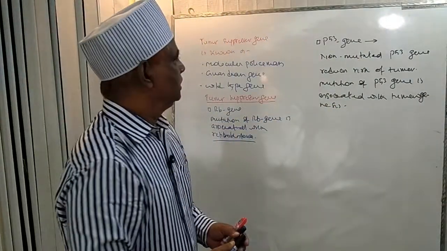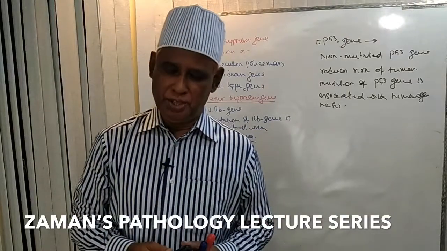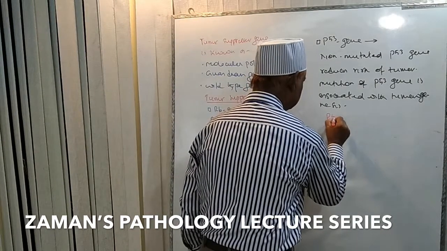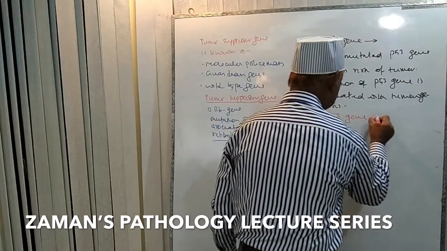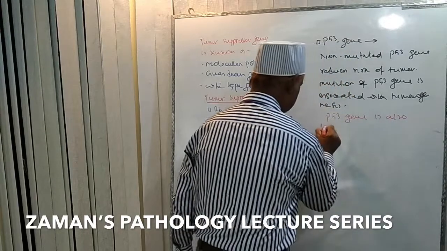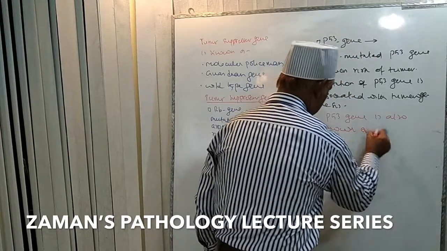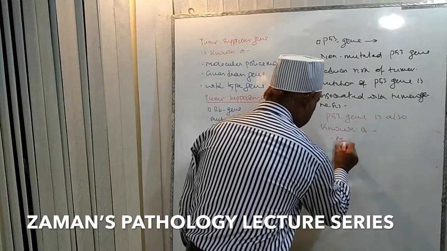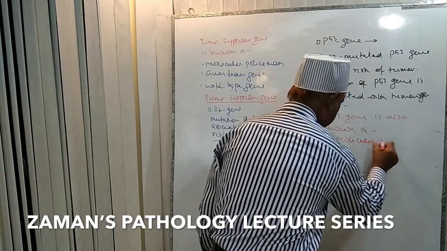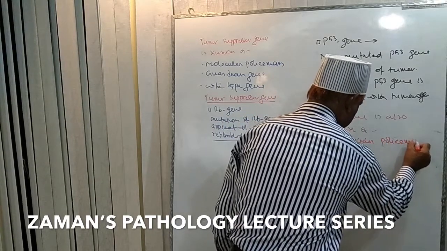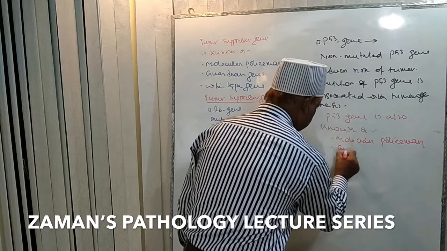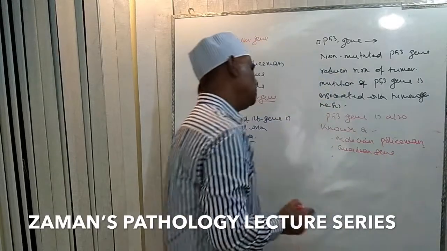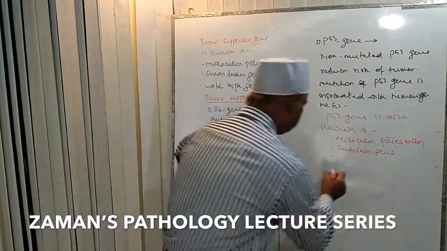Dear audience, P53 gene is also known as molecular policeman, also known as guardian gene, also known as wild type gene.